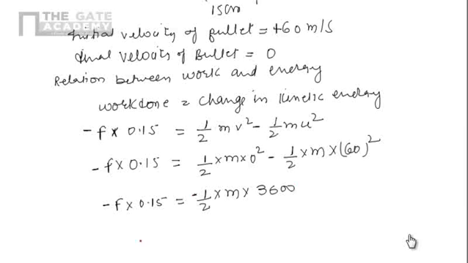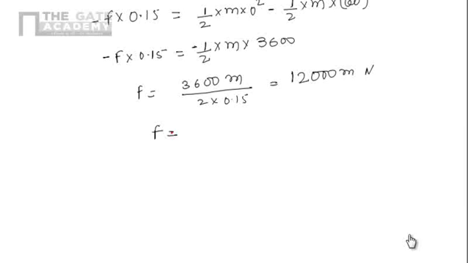Now it's negative, so F equals 3600 divided by 2 into 0.15. So we get the value of F, that is 12000 Newton. The value of F is nothing but the resistance. So F will be 12000 Newton.